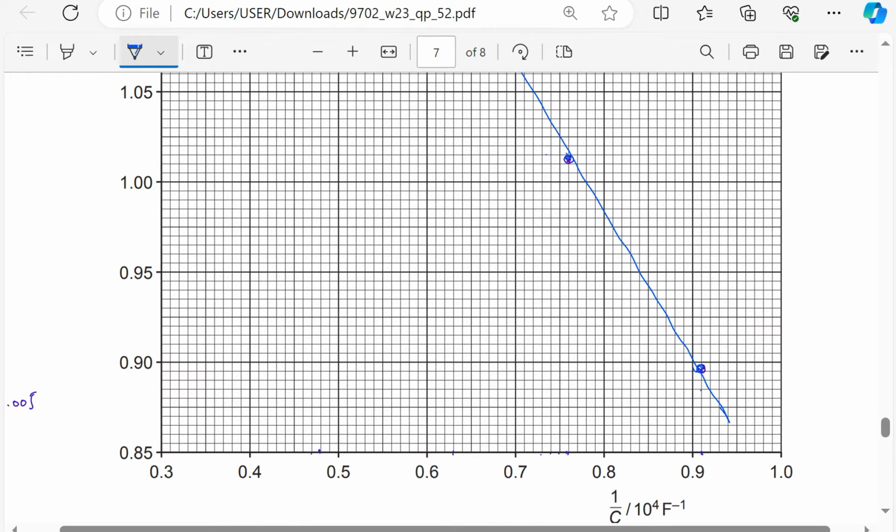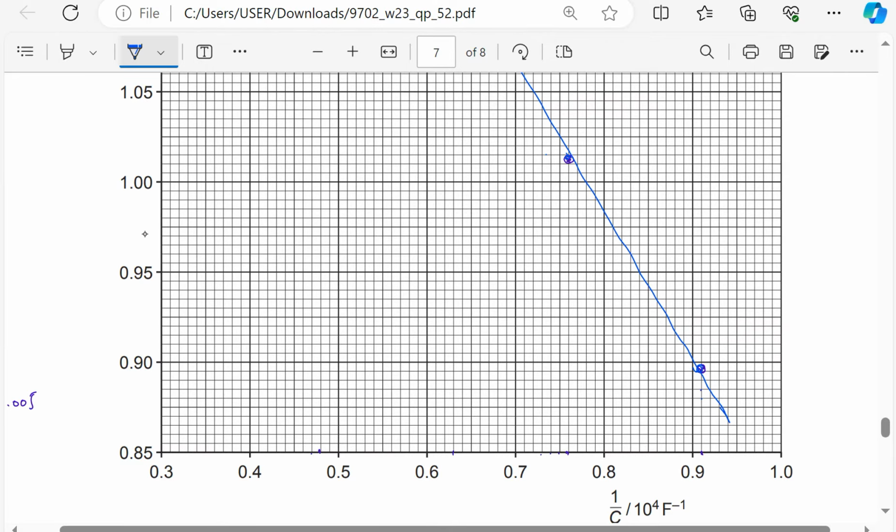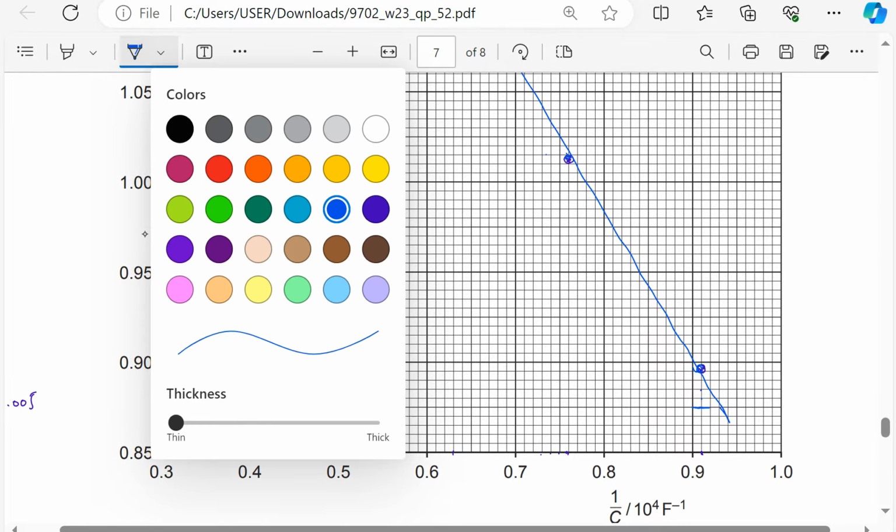If I want to check with the scale, 0.021 divided by the scale 0.005. How many squares are those? Those are 4 upwards, 4 downwards. So I'll count 4 upwards, 4 downwards from the point. So 1, 2, 3, 4. This is approximately here.